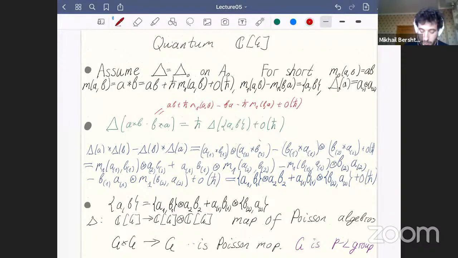And since our original algebra is commutative, these two terms cancel. From these two terms, we get the Poisson bracket. And since delta is h linear, we can move the h outside delta and get this formula.